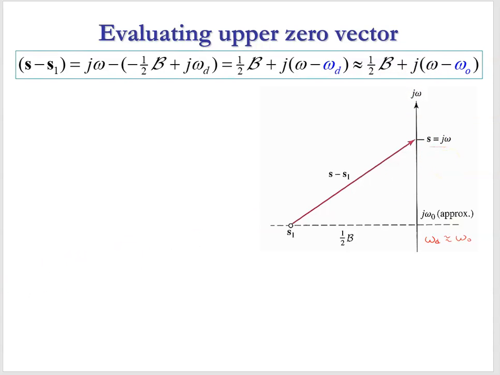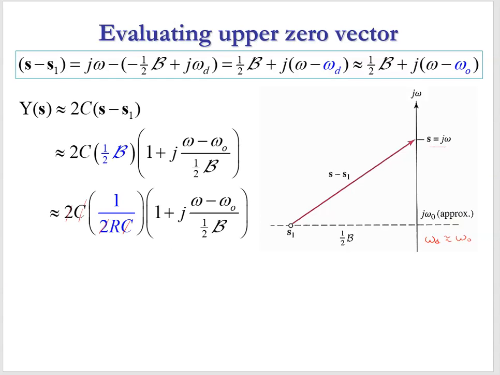So if we look at using that, evaluating our upward zero vector in that way, we can then look at our y as a function of s as 2c times, plugging in for our s minus s1, the half bandwidth times 1 plus j times omega minus omega naught over that half bandwidth.